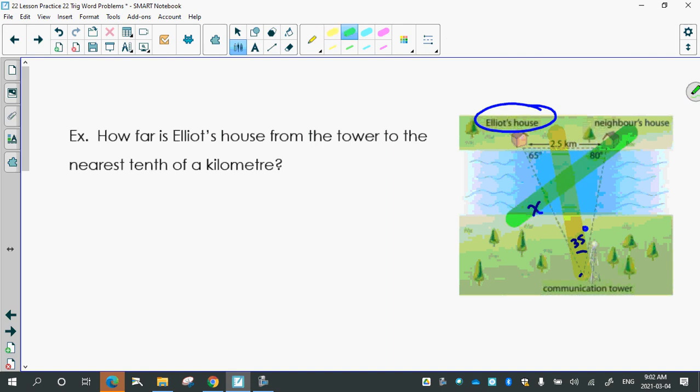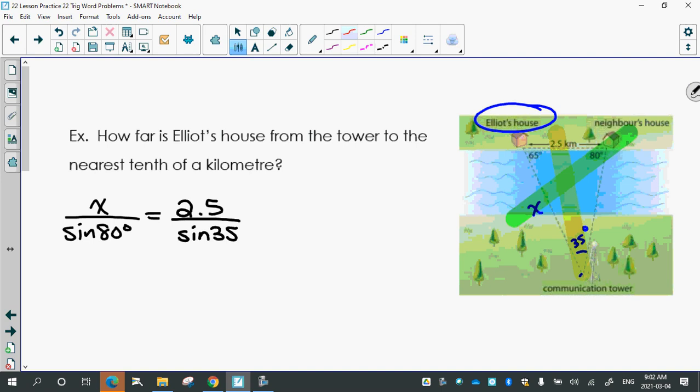So that's my sine law setup, with what I want to find on the top. So it's a side. So x over the sine of the angle opposite is equal to sides on top, 2.5, over the sine of 35 degrees.